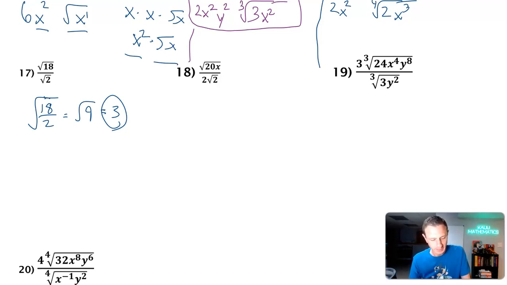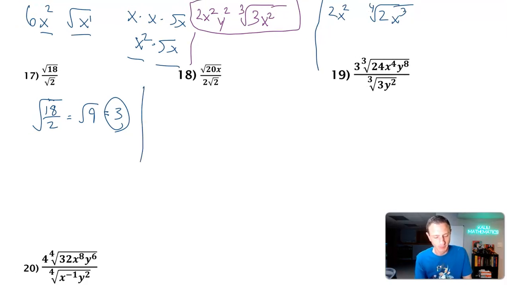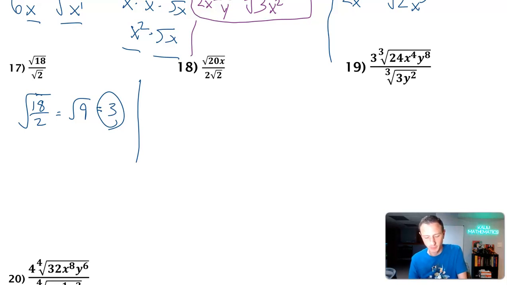Let's take a look at 18. So there's a couple different ways that we could think about 18. I'm trying to think about what would be the most streamlined approach. It really doesn't matter. So I'm going to take this as 1/2. I'm going to rewrite this 2 here. So I'm just kind of rewriting that as 1/2 times the square root of 20x over 2.